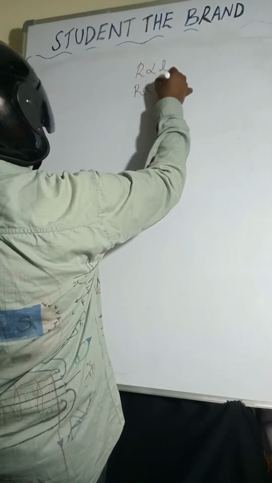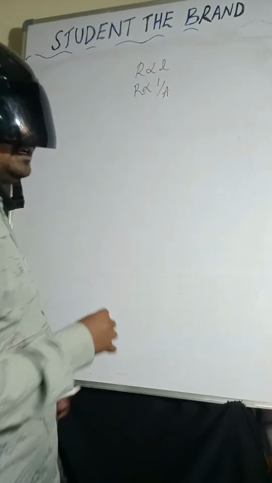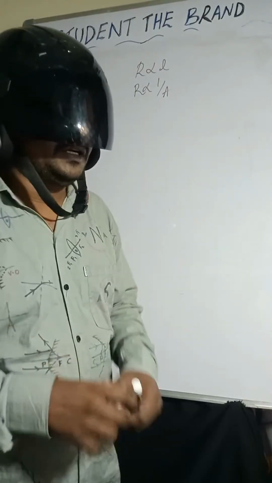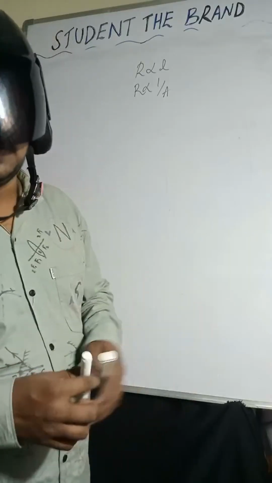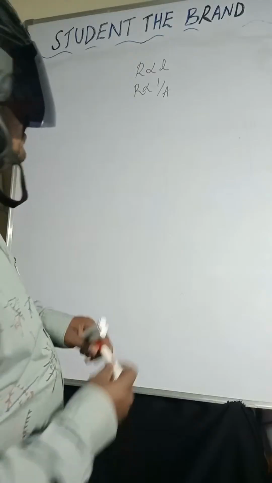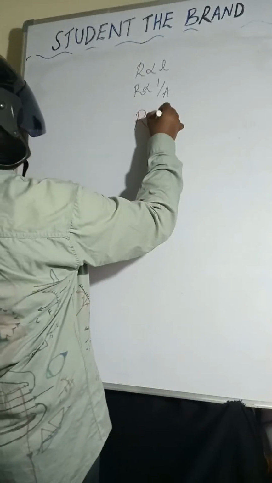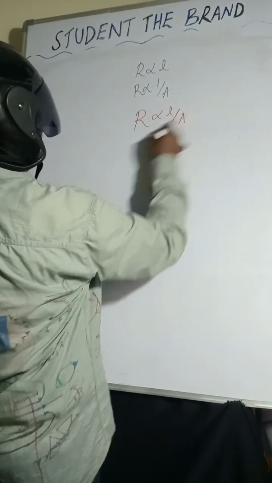R is inversely proportional to the area of cross section. So R is directly proportional to L by A.